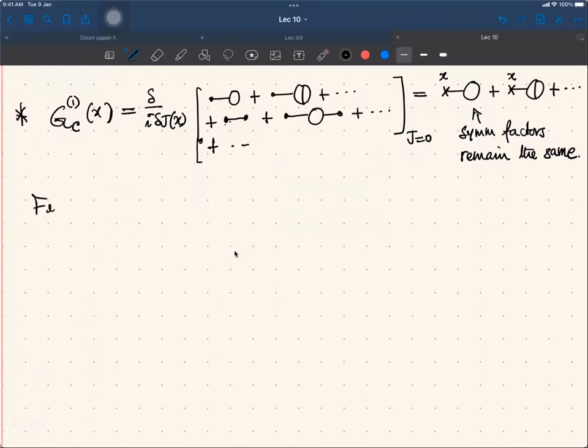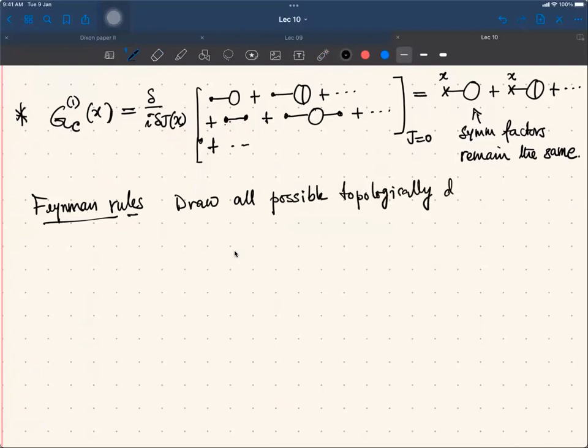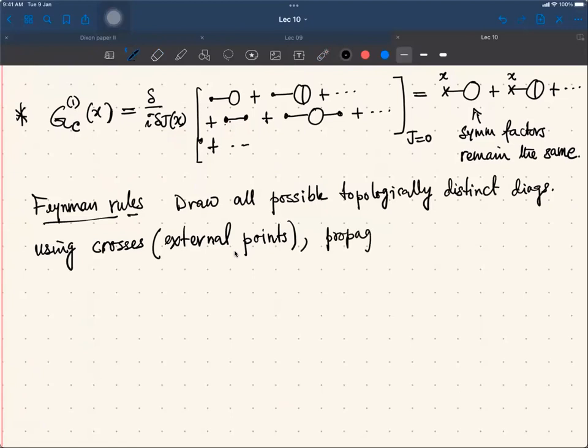The Feynman rules: draw all possible topologically distinct diagrams using crosses, which are the external points, propagators, and vertices.